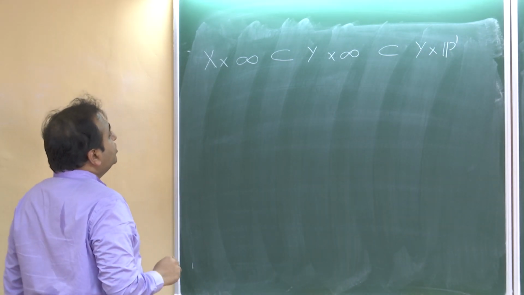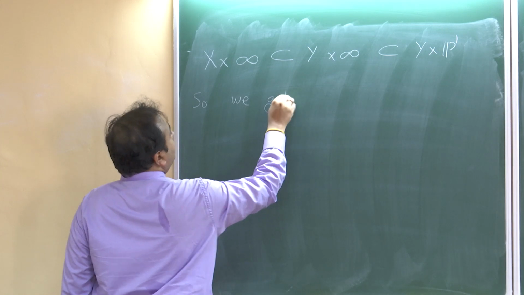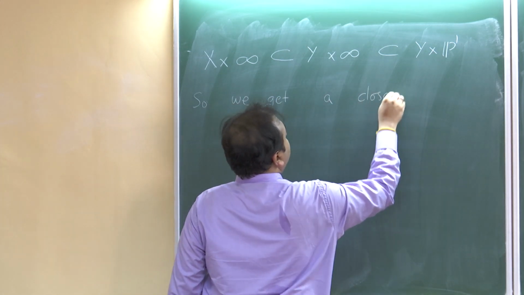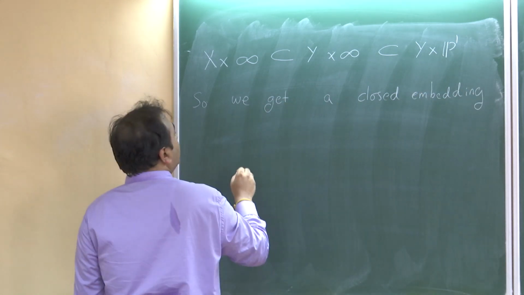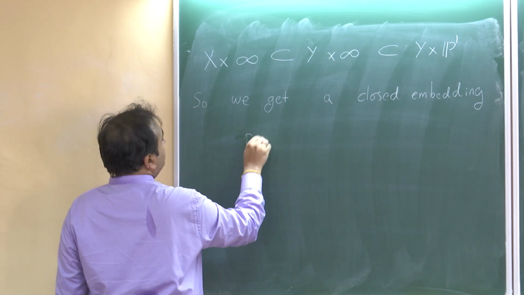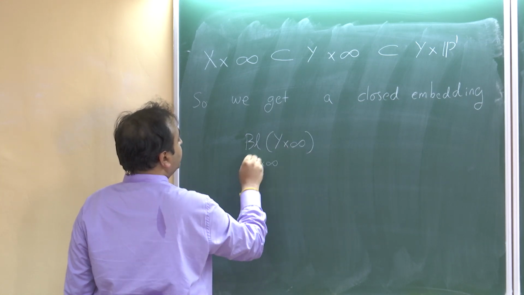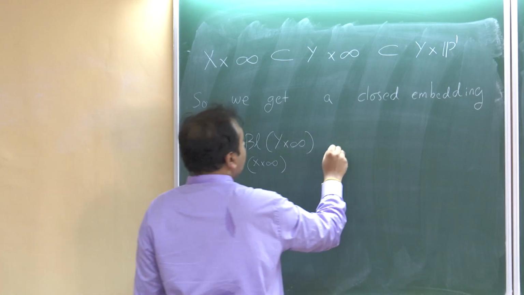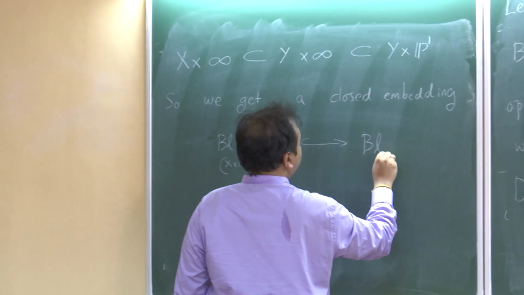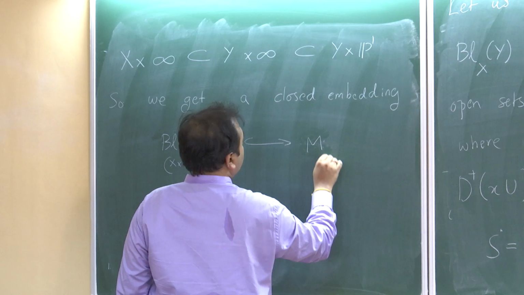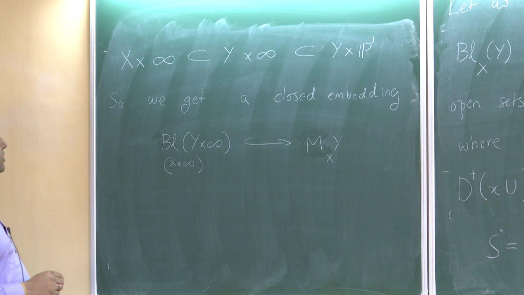When I blow this up, we get a closed embedding of the blow up of Y cross infinity at X cross infinity into M_X Y. I would like to understand what this is.